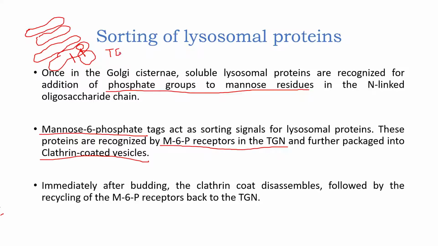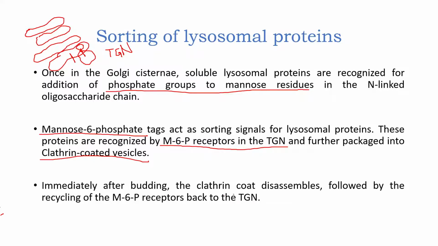Now these clathrin coated vesicles will have lysosomal proteins which are N-glycosylated and attached to mannose 6-phosphate tags. I hope you can understand till here. Now, these clathrin coated vesicles bud off, and as soon as they bud off from the trans-Golgi network, the clathrin coat is disassembled.